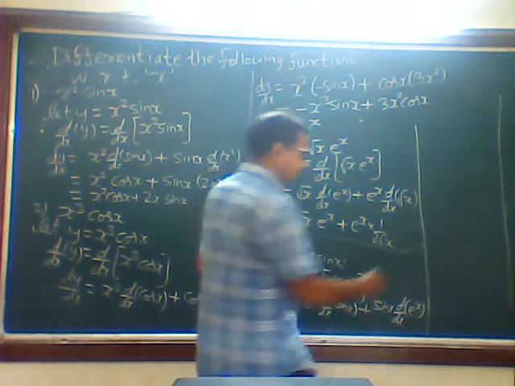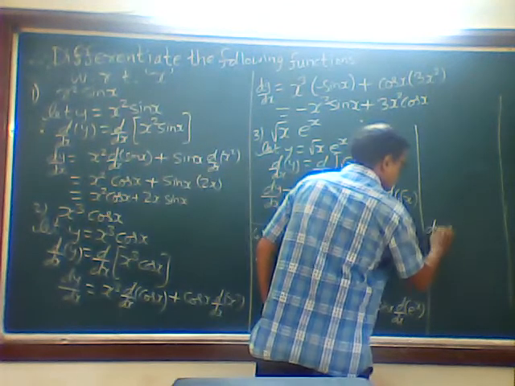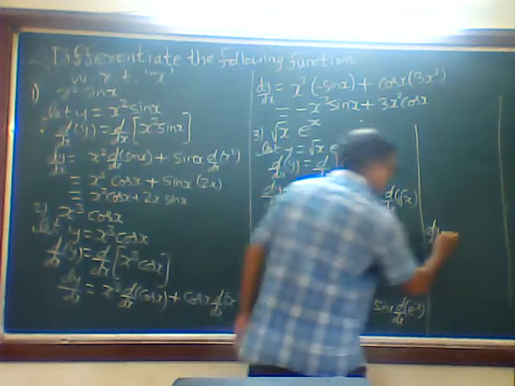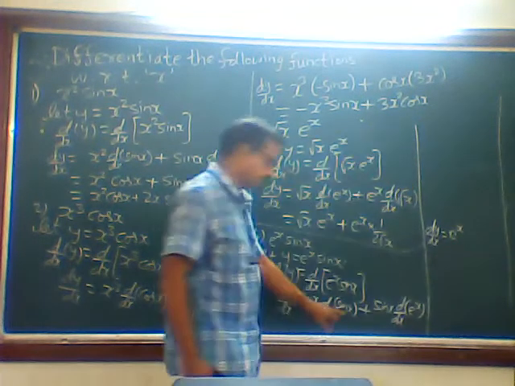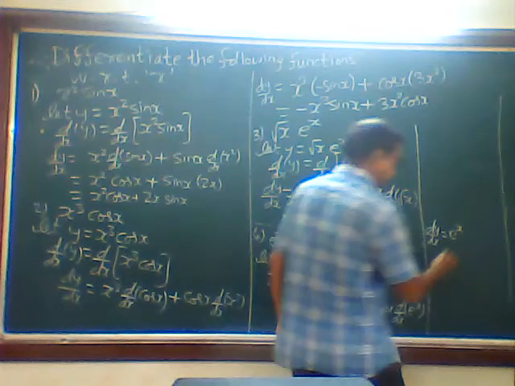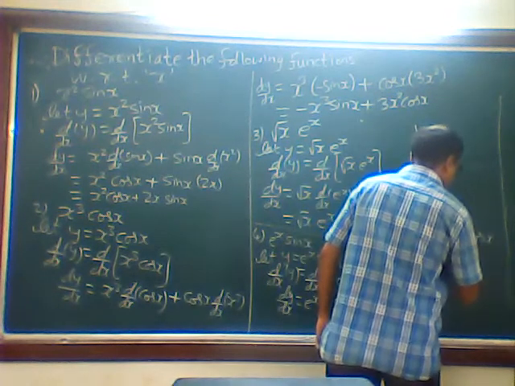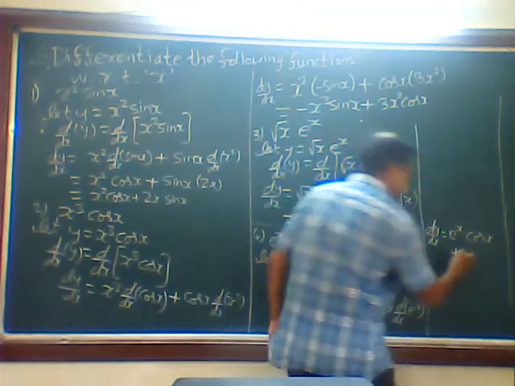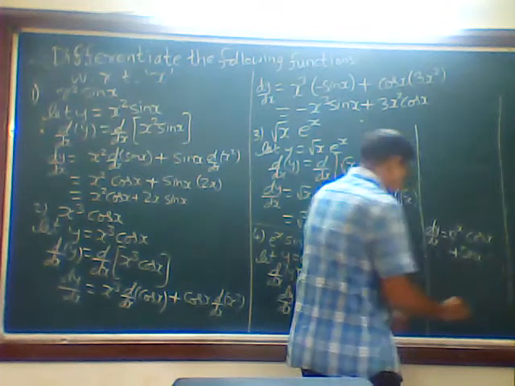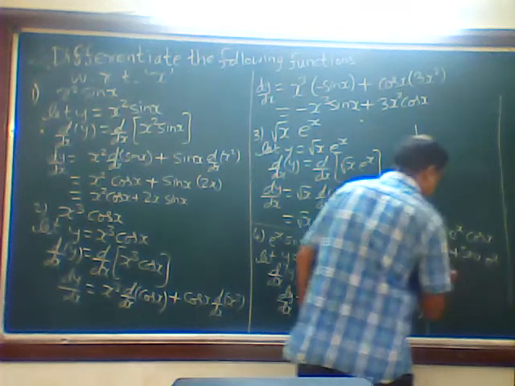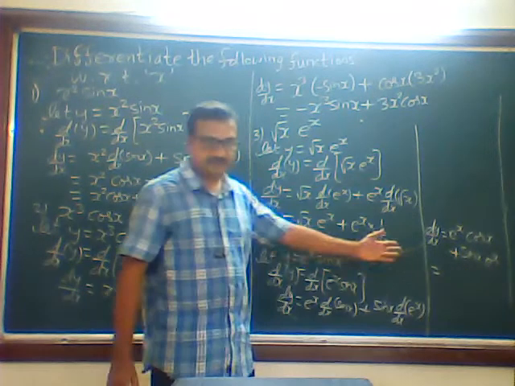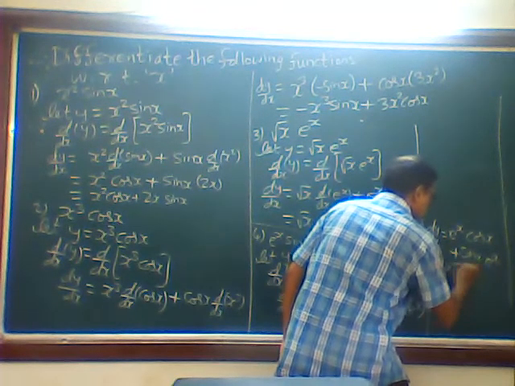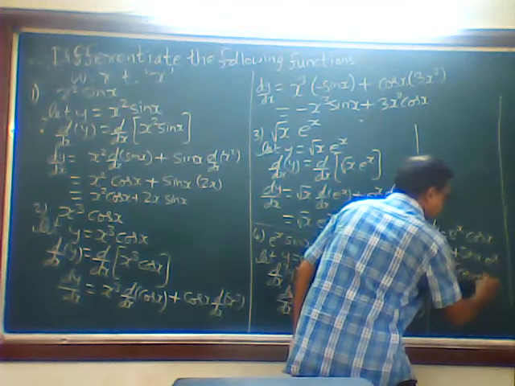dy by dx is equal to e raised to x as it is, d by dx of sin x is cos x, plus sin x as it is, d by dx of e raised to x is e raised to x. You can keep the answer at this stage also, otherwise you can take e raised to x common: e raised to x into cos x plus sin x.